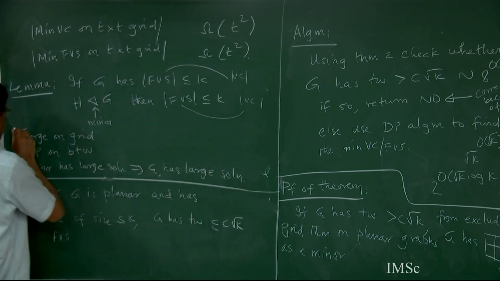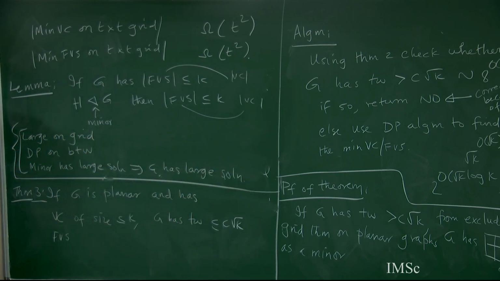If you have all these three, then for any parameter for which this is true, you have a sub-exponential FPT algorithm on planar graphs. Because large on grid tells you that the tree width has a square root dependency basically.